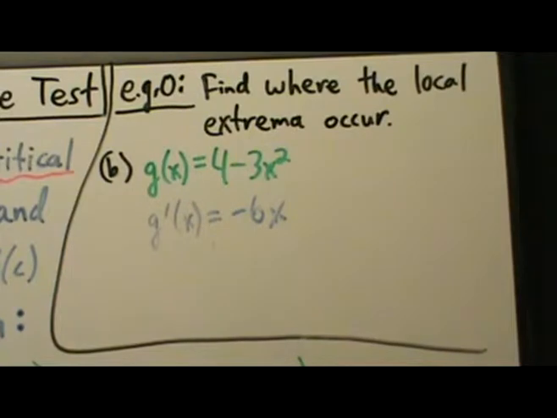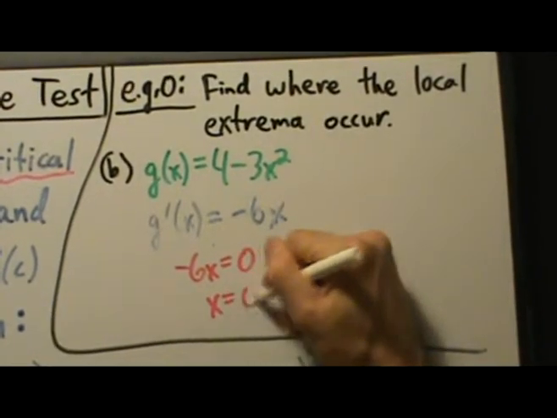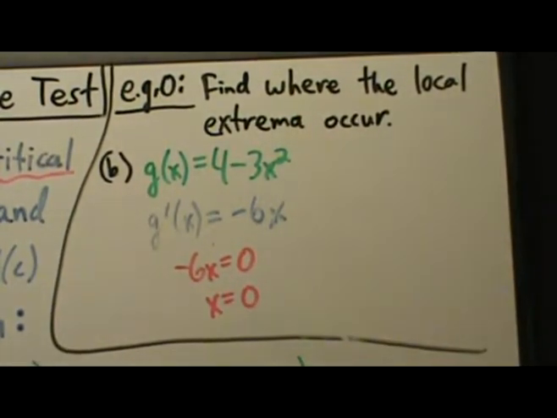To find the critical points, we want to know where is it 0, where is it undefined? Well, it's a polynomial, so it's never undefined, but it's going to be 0 when negative 6x equals 0, and that happens when x equals 0. So we have a critical point at x equals 0.